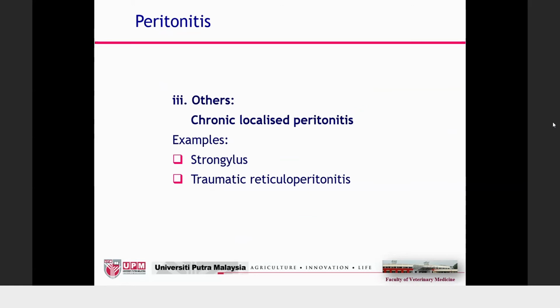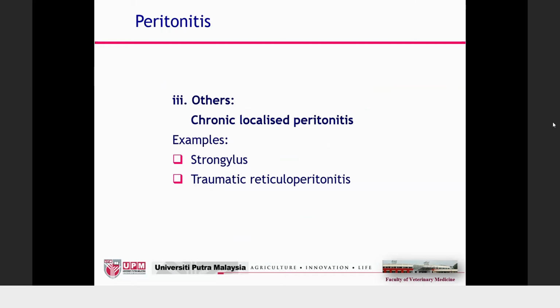But others might also have what I call localized peritonitis. Of course, this localized form depends on the development of the lesion. For example, traumatic reticular peritonitis, where a common cause is a foreign object that pokes the reticulum, and then there is a tissue response around the area.